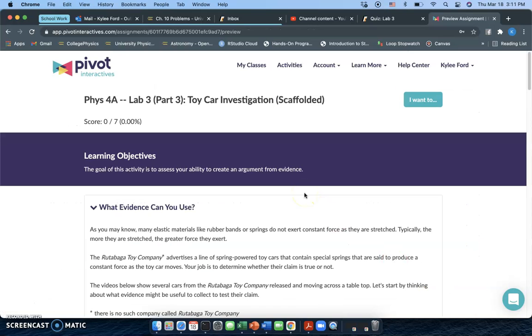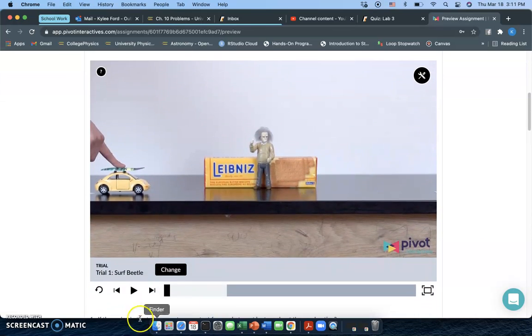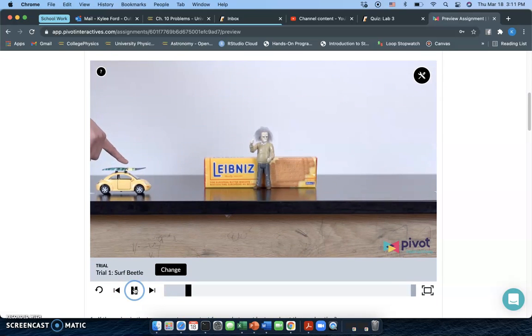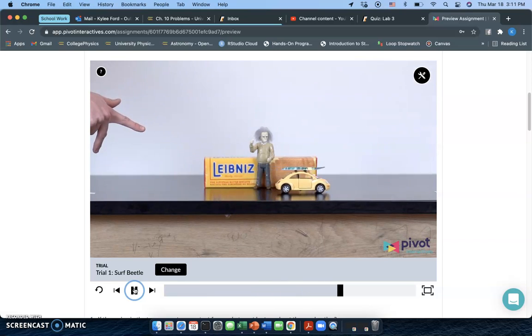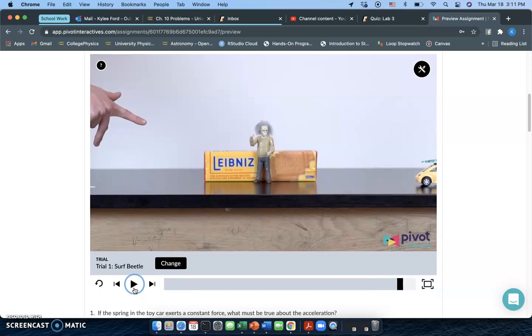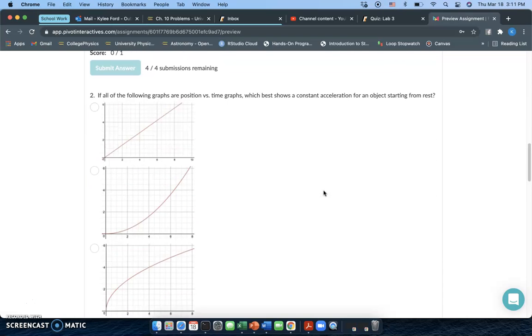This one is looking at a toy car investigation. It gives you a little bit of an intro, and then let me go ahead and press play. This is one of those toy cars that you can pull back and then they spring forward. They drive away from you. You want to answer a few questions about acceleration and force.